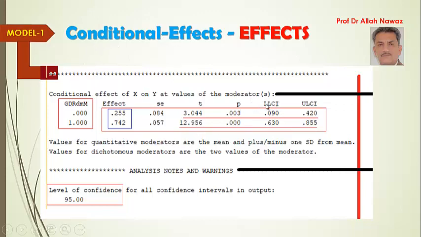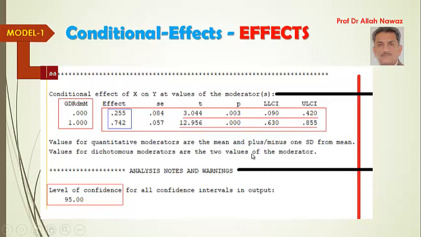The p-value is also significant, and since the lower and upper limits of the confidence interval have positive signs, there is no chance of 0 in the range. So both the effects of female respondents and male respondents are significant. However, the visible thing is that there is a big difference between female respondents and male respondents in terms of the indirect effect of X on Y.